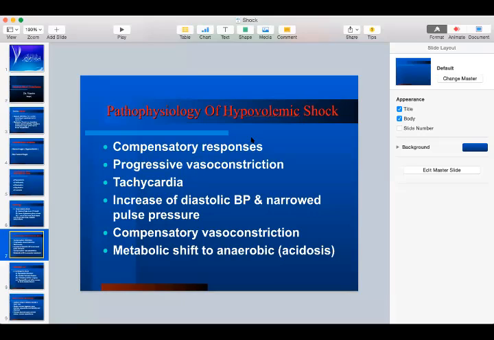Then what happens is a compensatory vasoconstriction, further vasoconstriction in order to maximize the amount of blood in the body and limit blood loss or fluid loss. As a result, eventually there is a metabolic shift towards anaerobic metabolism, metabolic acidosis, because not enough blood is being oxygenated. There's not enough blood to begin with in hypovolemic shock, and as an end result there is metabolic acidosis.